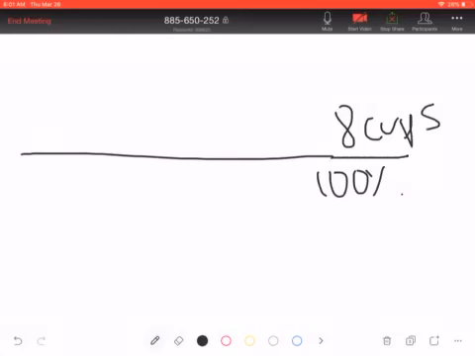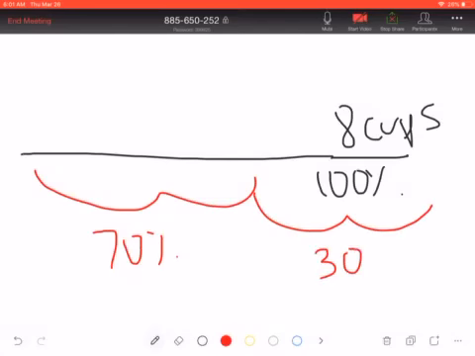And we know that 70% is not raisins, and we know that 30% is raisins, and of course our 30% is 2 4/10 cups. Okay, so that could be our diagram. You could do the math too and subtract 2.4 from 8, and that would give you the rest of the cups that aren't used.